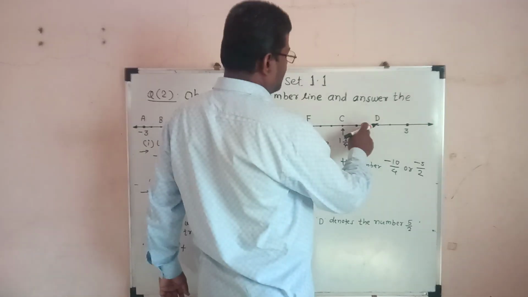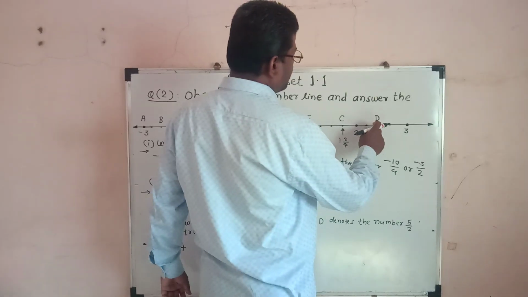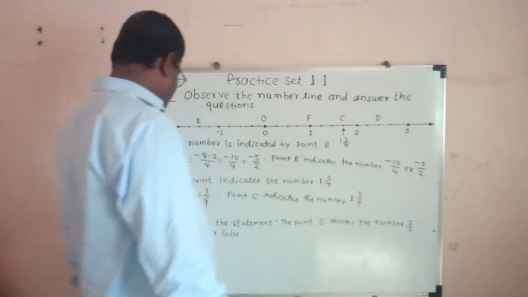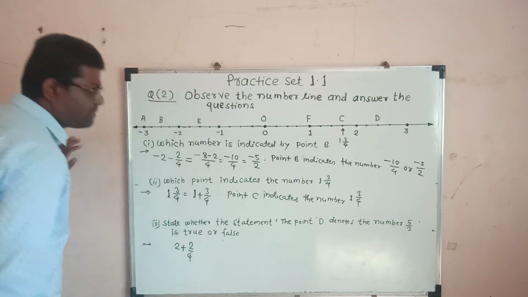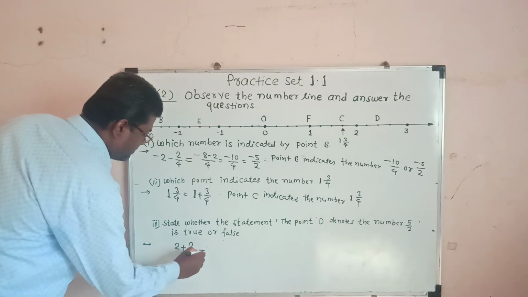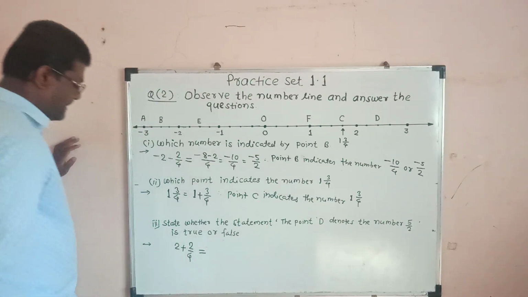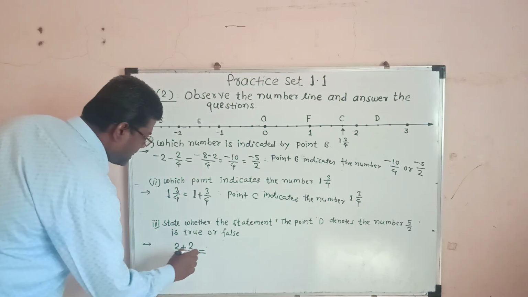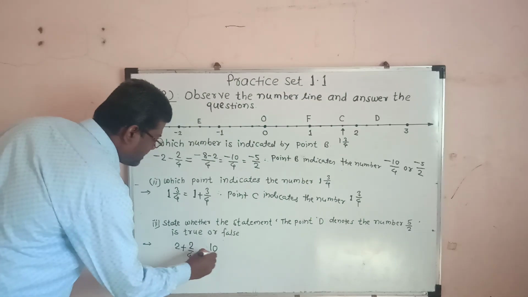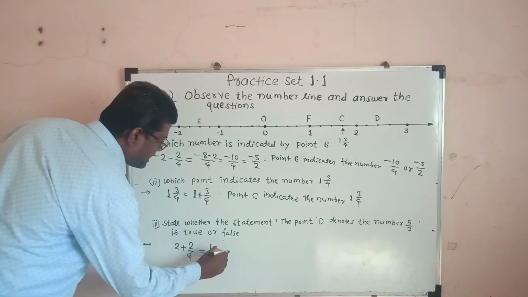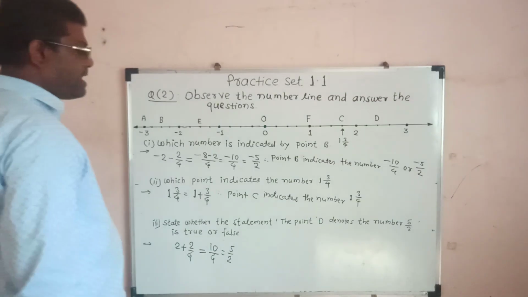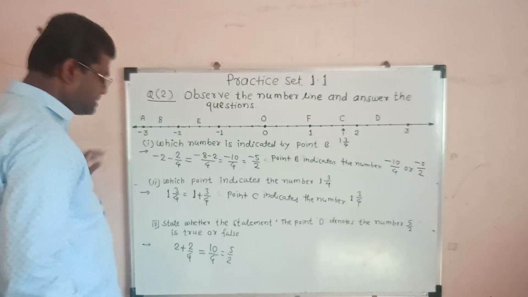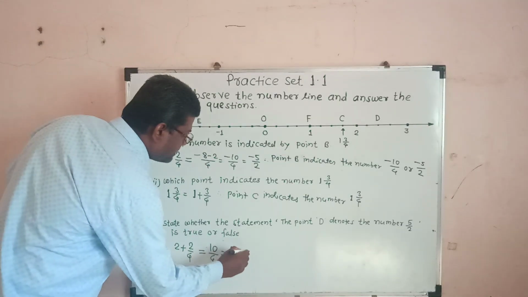One part will be 1 upon 4, second part will be 2 upon 4. So there will be 2 plus 2 upon 4. It will be 4 into 2, 8, plus 2, 10 upon 4. That will be 5 upon 2. Therefore point D denotes the number 5 upon 2.